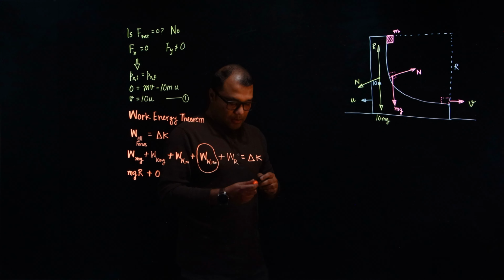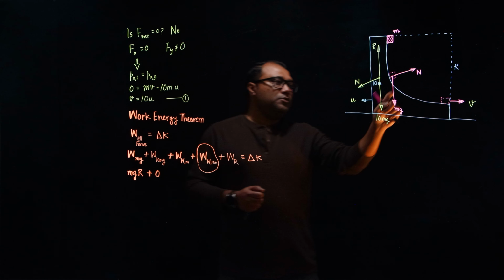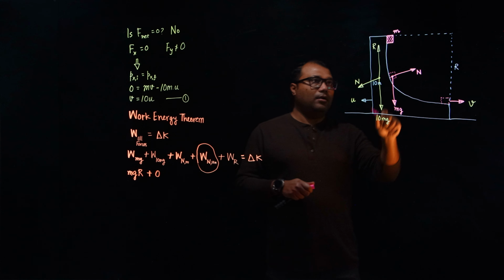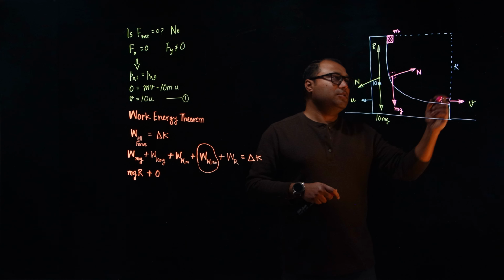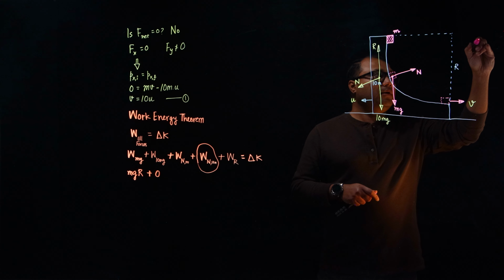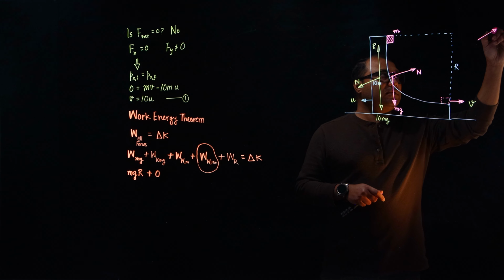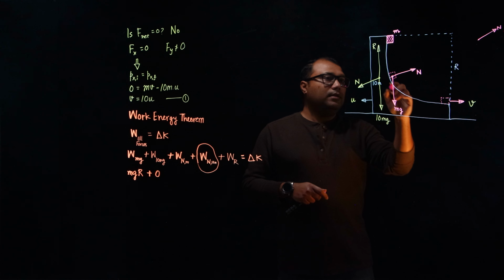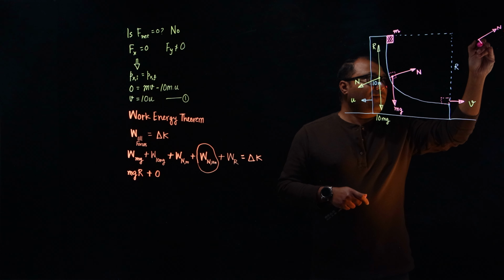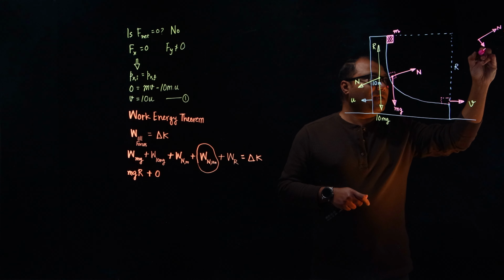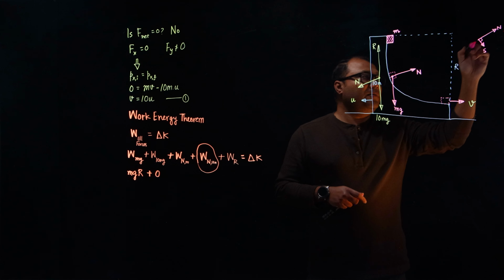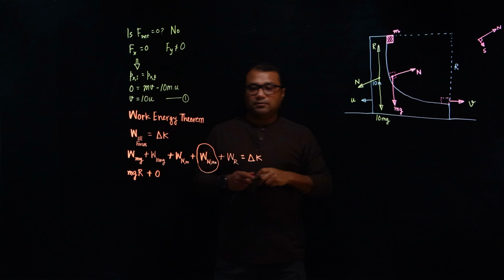Okay? All right. Now let's look at this normal reaction that is working on this small m. This normal reaction is in this direction. This small m, every displacement that is happening is perpendicular to the normal reaction.